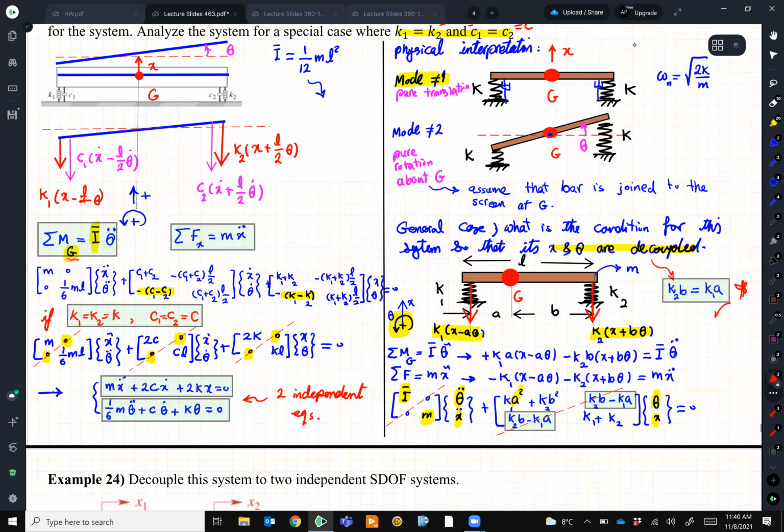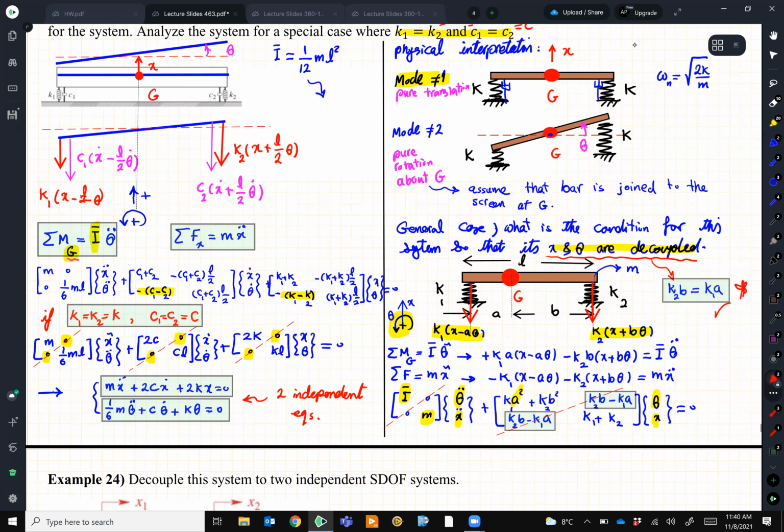So one last thing here. This X and theta, when they are decoupled, what does it mean? It means they are principal coordinates. And you learned how to find principal coordinates. But remember what I said last lecture?